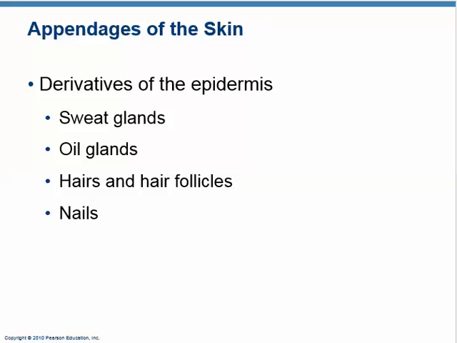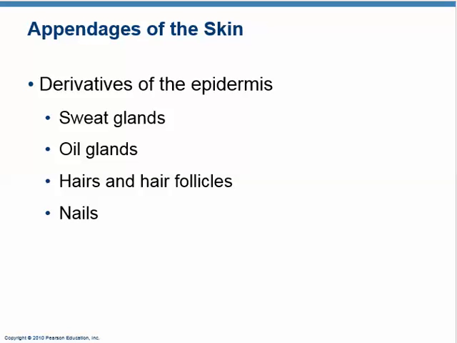There are a number of appendages of skin that derive from either epidermal or dermal cells, but it's mostly epidermal cells, and they tend to be glands. So the sweat glands, oil glands, hairs, and hair follicles, which are really keratinocytes with a different sort of keratin.